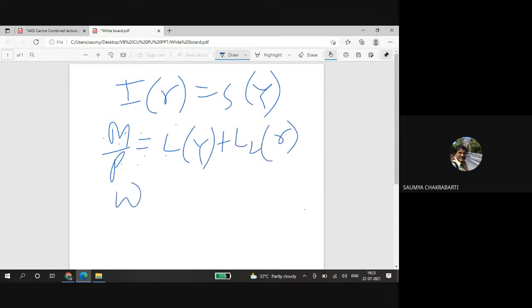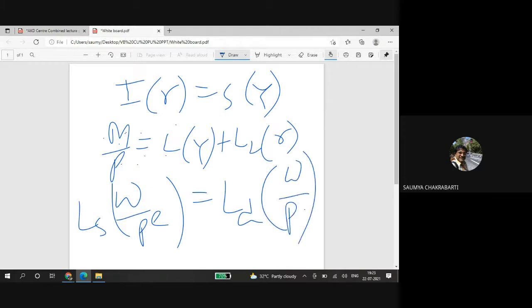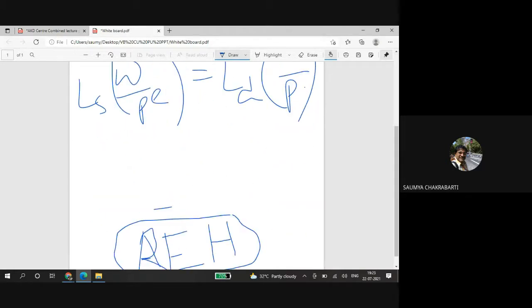And then you have the LS function of W by PE equal to the LD function of W by PE, but you have only P equal to PE in both short run and long run.